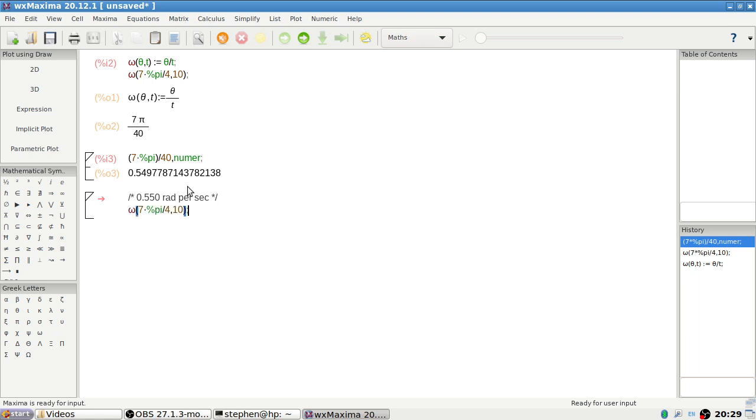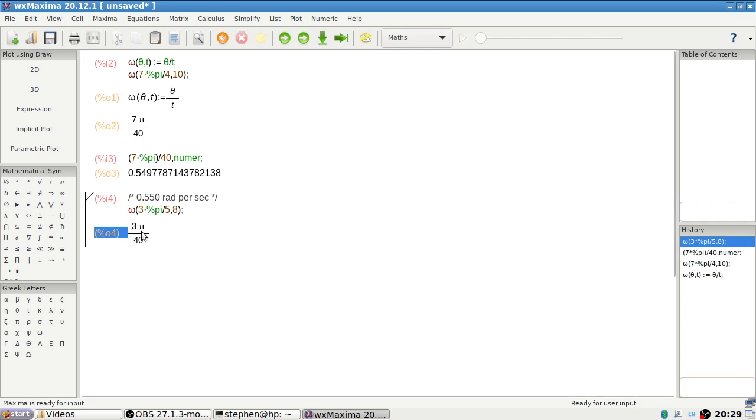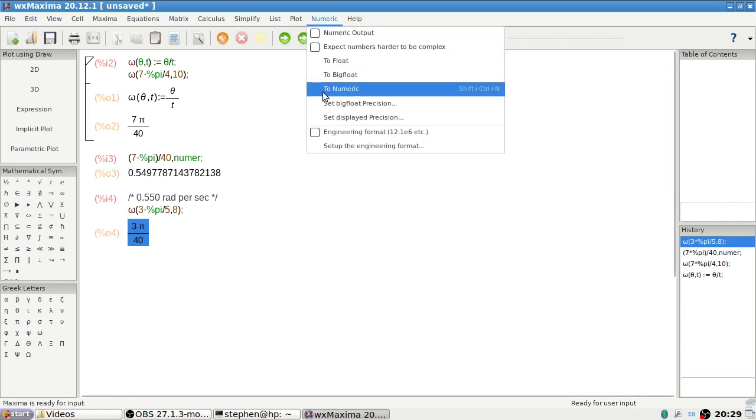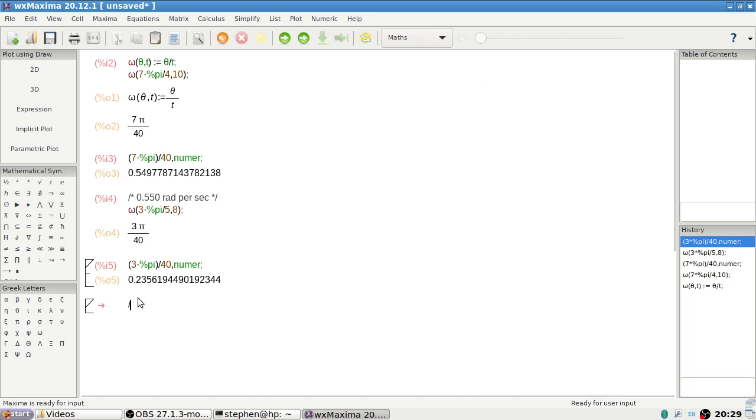Okay, let's have a look at the next one. Next is 3 pi over 5 and 8 seconds. Let's get that now. So that would be 0.236 radians per second. Let's check if that's right. Yep, it is.